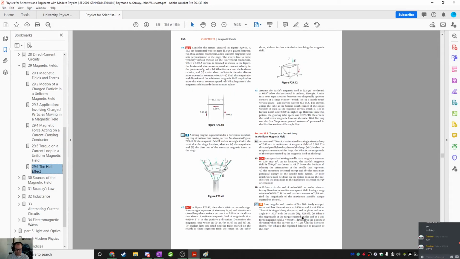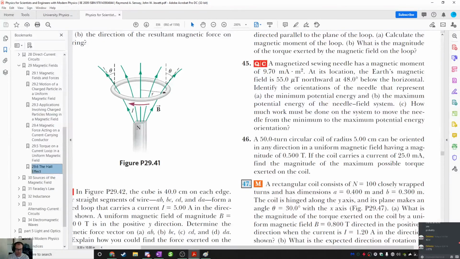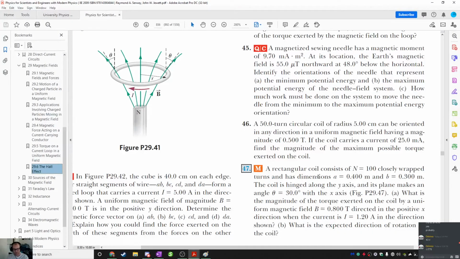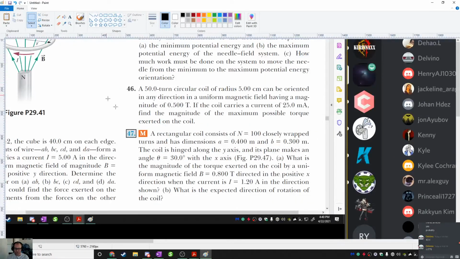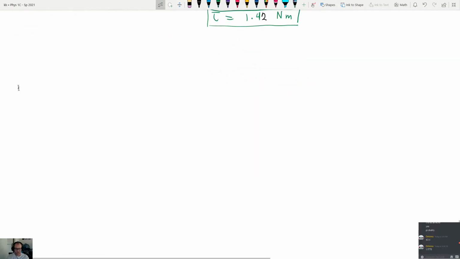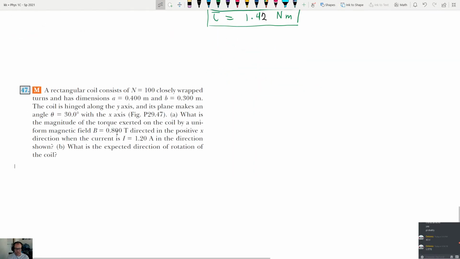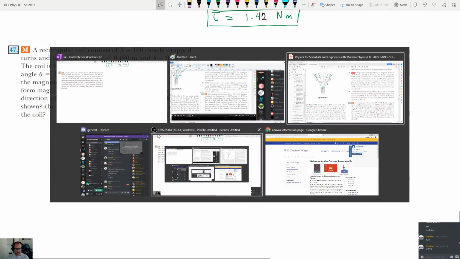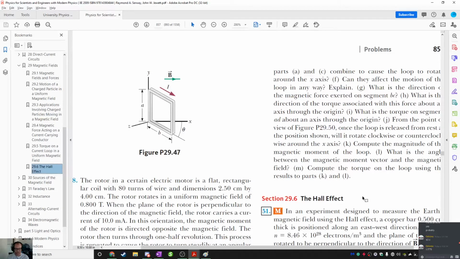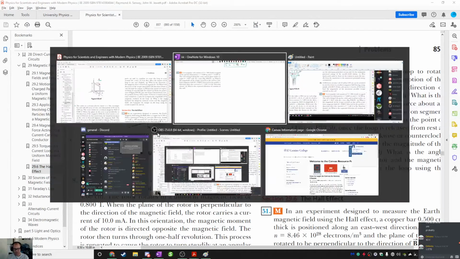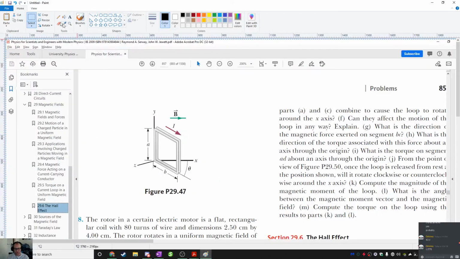Okay, so this is going to take 2 screenshots to get it. We're going to print screen here, go over to Paint, and grab this question. And then I'm going to grab the picture. 29.47, which should be right on the next page, is this one.